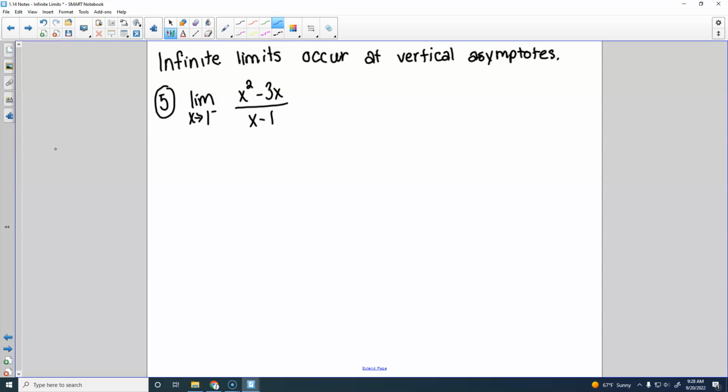All right, so let's now talk real quick about what we've got to do for infinite limits. Okay, so those last ones were just asking us about vertical asymptote. It was sufficient for us to just look at where the denominator equals 0, and we could tell there was one there. This time, it is telling us that we're supposed to find the limit as x approaches 1 from the left of x squared minus 3x over x minus 1.